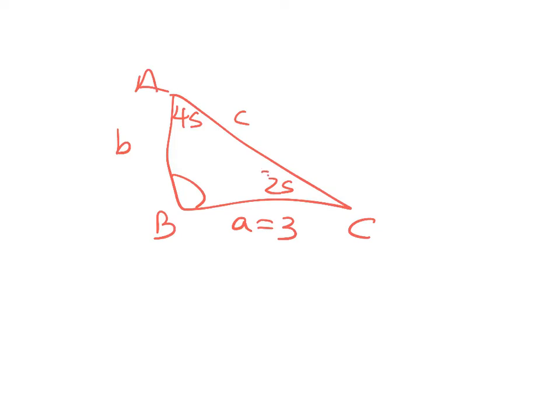Let's make this 45. Let's just say this was 3, this was 3, and this is going to be, just to make sure it makes sense. So let's say the answer should have been A equals 3, C equals 3 root 2.